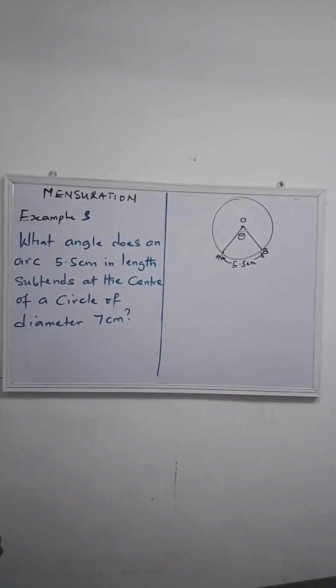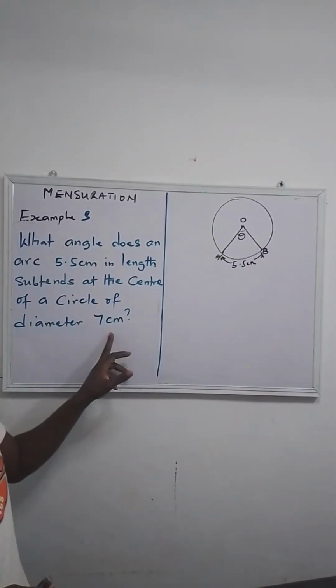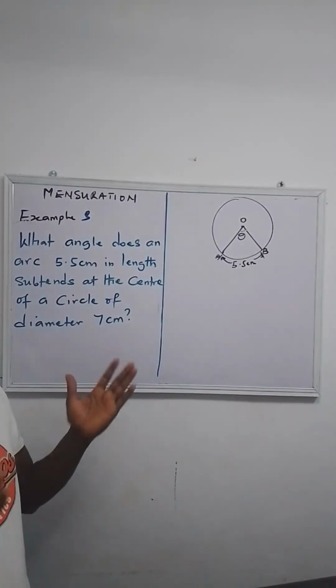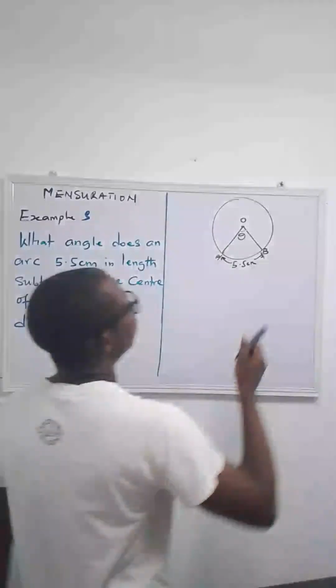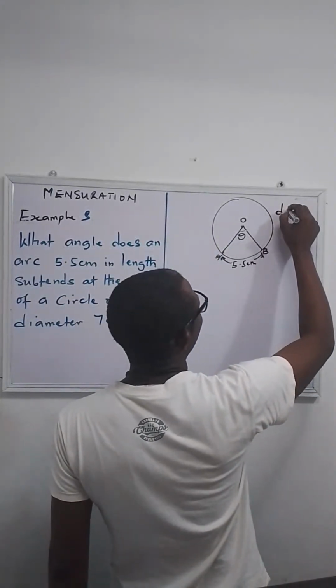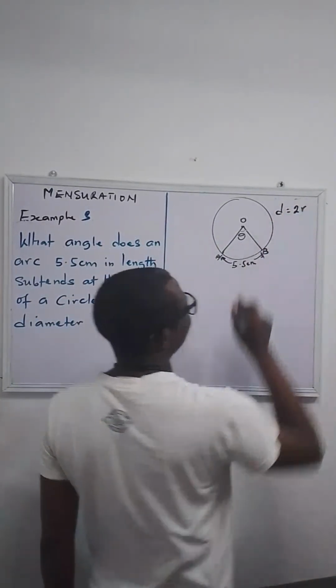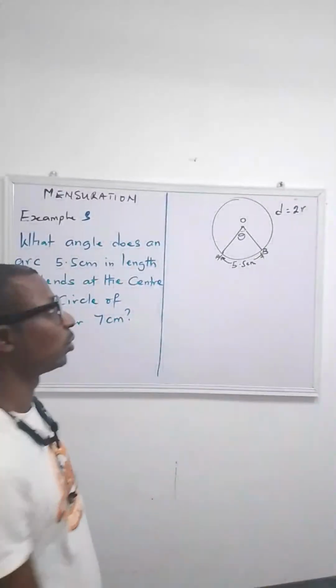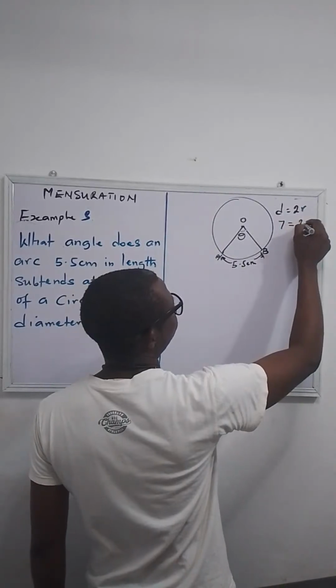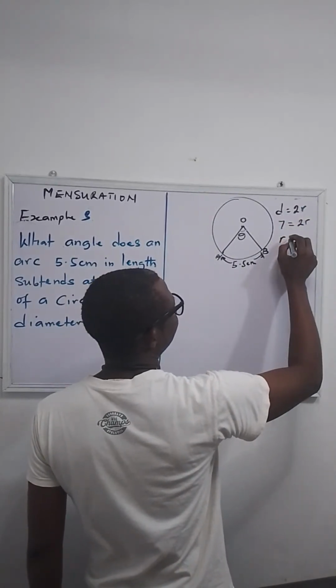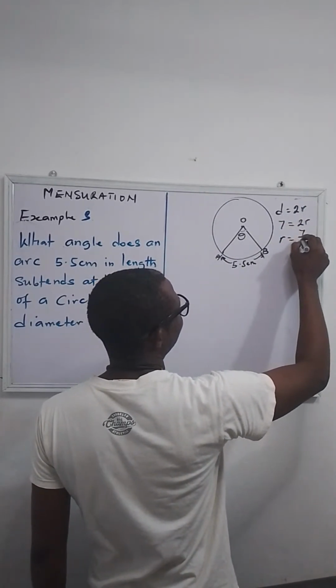All right. Now, when you look at it, we are not given the radius. What we are given is what? The diameter. So you know the relationship between radius and diameter. I told you that diameter equals 2 radii. So that means that we have 7 equals 2 radii. So 1 radius is 7/2.